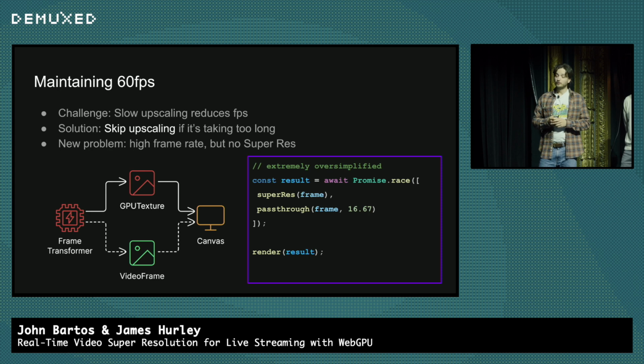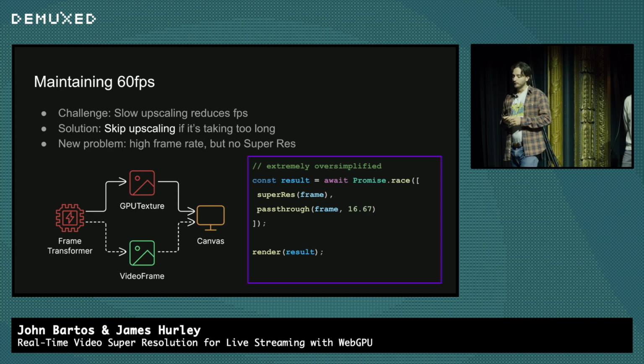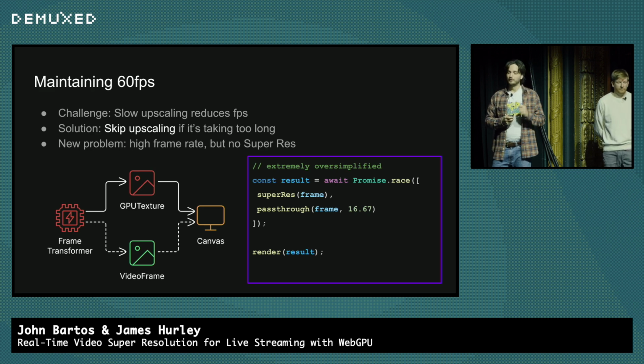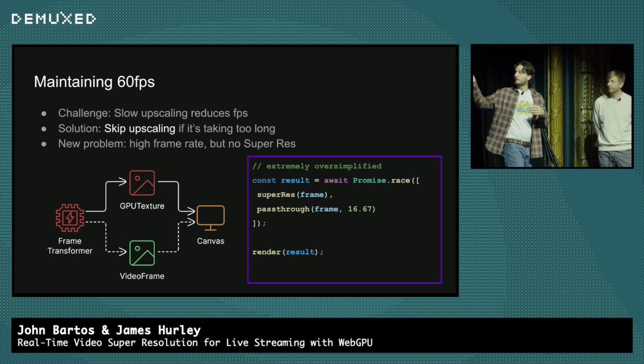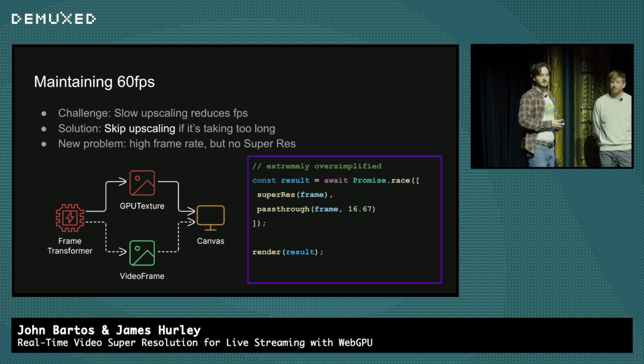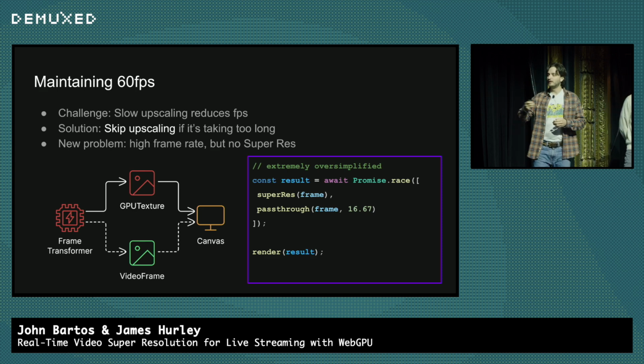When a frame comes in to do SuperRes on, we race the real SuperRes upscaler with our dummy pipeline, whose timeout is set to our frame budget minus the time it took for the frame to arrive in this part of the pipeline. We then race the upscalers, and whichever one returns first, we render to the canvas. In this way, we're always able to maintain a high rate of frames, but it might not be doing SuperRes, or it might be doing SuperRes some of the time.